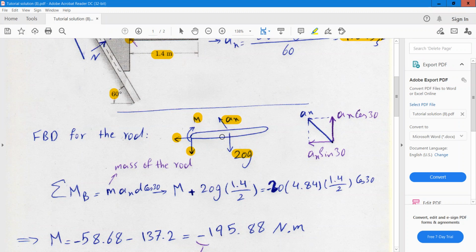We don't need to write the force equation, because here we have a_x, the acceleration. So only we can write a moment equation to obtain M. So if you write the moment equation here, you can see the moment equation about this point, which is point B.